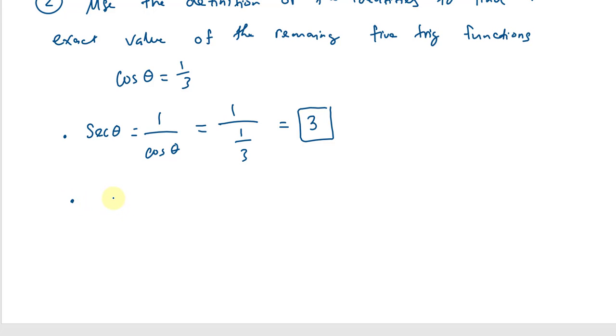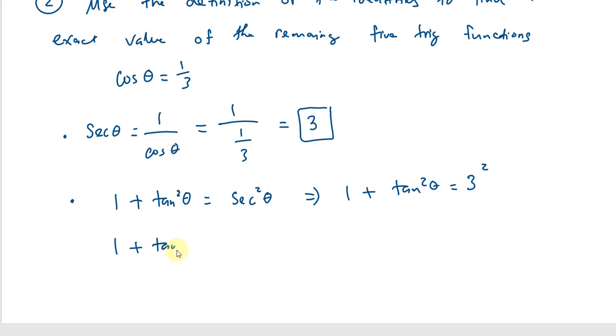So we know that 1 plus tangent squared is equal to secant squared. Okay, so in this case we have secant, we have 1, so we can find tangent. So 1 plus tangent squared equals secant squared. Secant is 3, so 3 squared. So 1 plus tangent squared equals 9.